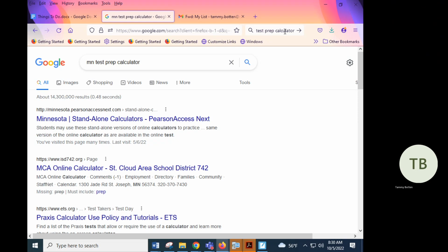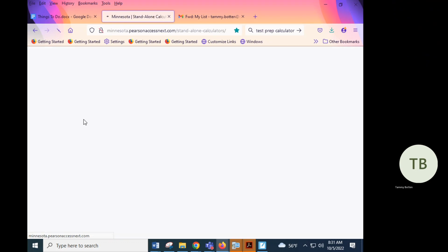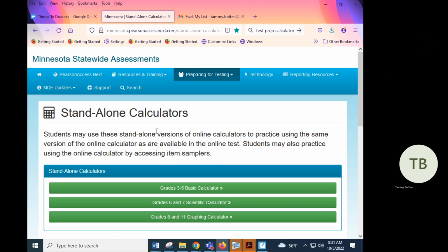Okay. And by the way, those of you that have a graphing calculator, you don't really need to do this because you can just use your graphing calculator. Okay, then what we're going to do is go down to this very first one that says Minnesota standalone calculators. Okay. We're going to click on that.